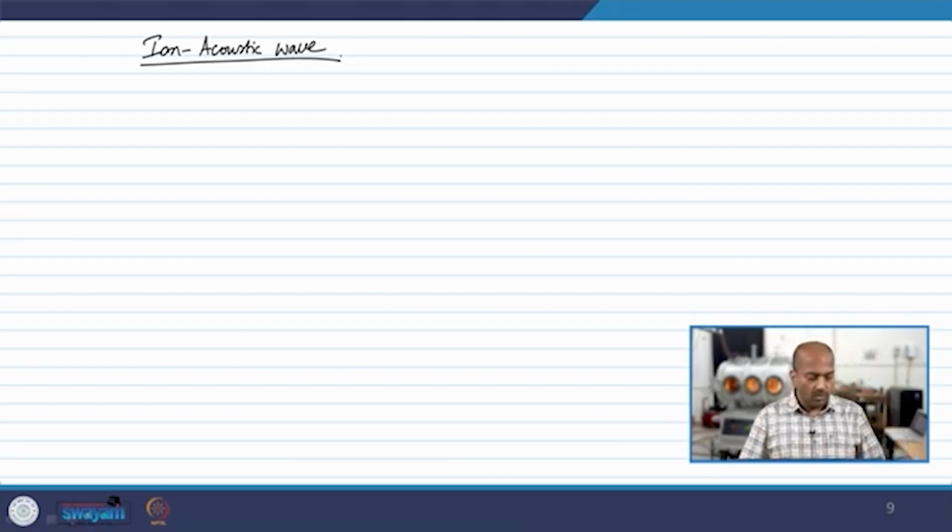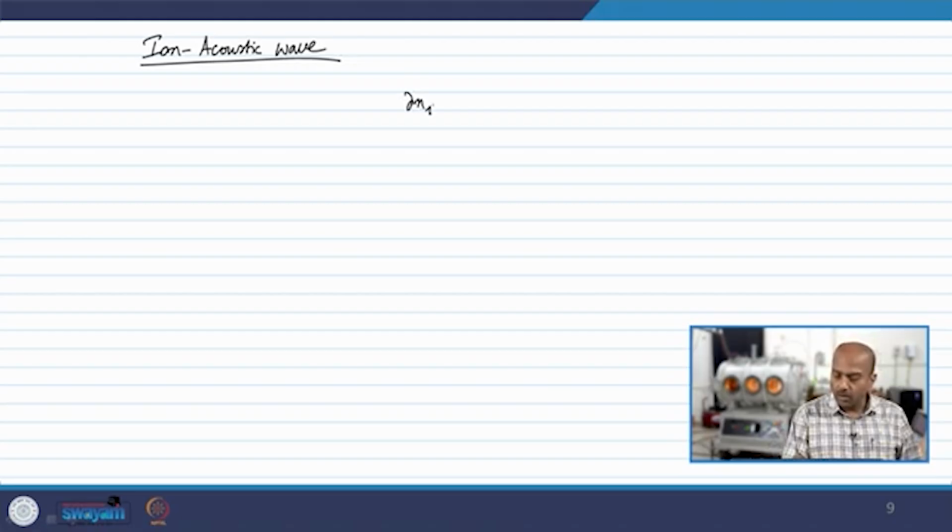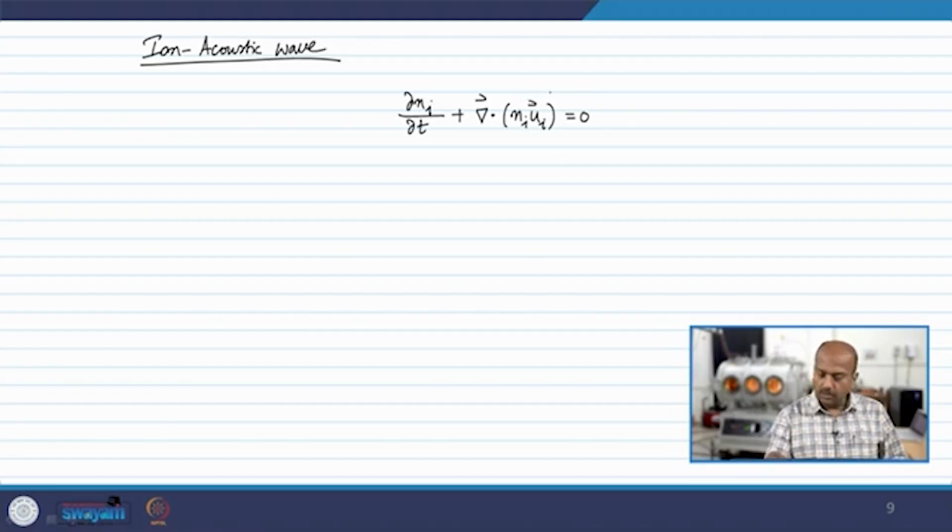The two equations that we require are, first, dou Ni by dou T plus del dot (Ni Ui) is equal to 0. Let us say this is equation number 1.